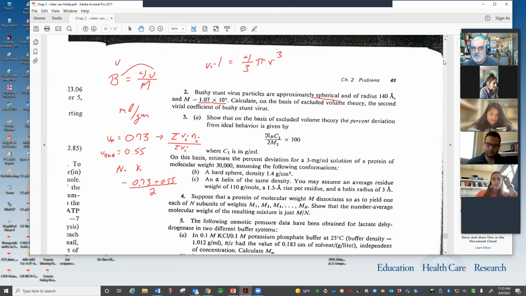It might actually be 20% RNA and 80% protein, and you would have to correct for that if you knew it. And so that's what the V bar is going to be. It's going to be 64 or something. And then the molecular weight is given, and that's how you calculate it. This is the volume of one molecule.